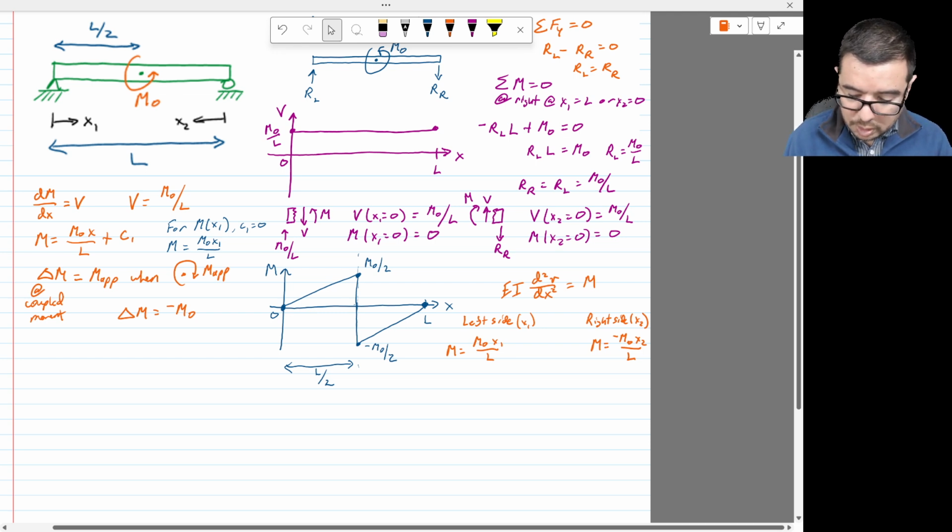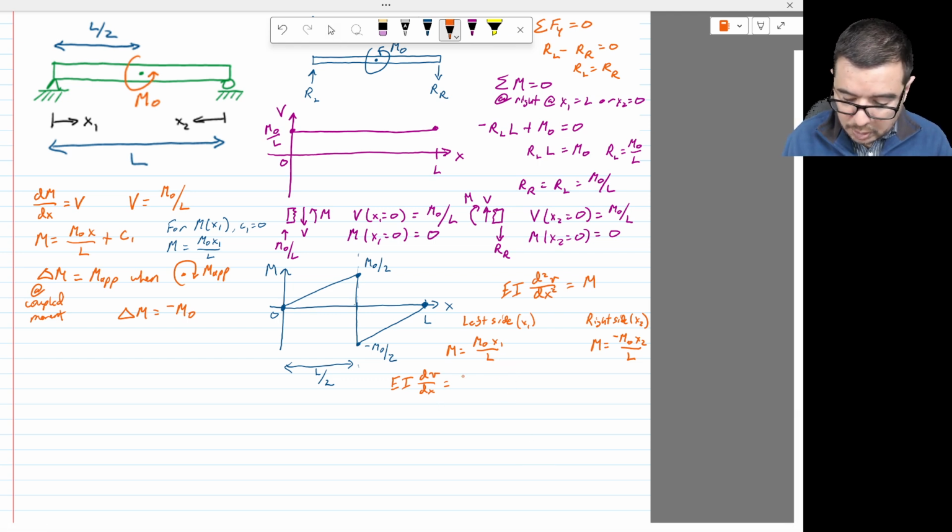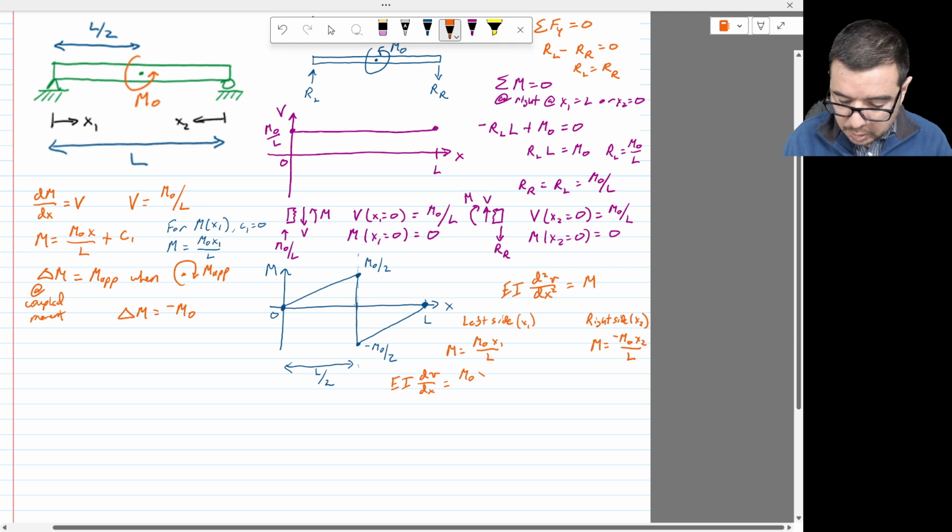So on the left side, I'll try to make it a little more clear, we have the integral of this expression. And that's going to be M naught x1 squared over 2L, plus, well, we had a C1, so we'll go ahead and do C1.